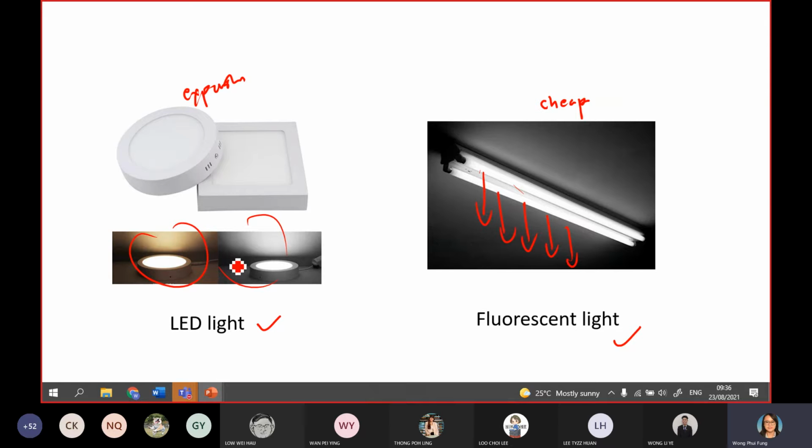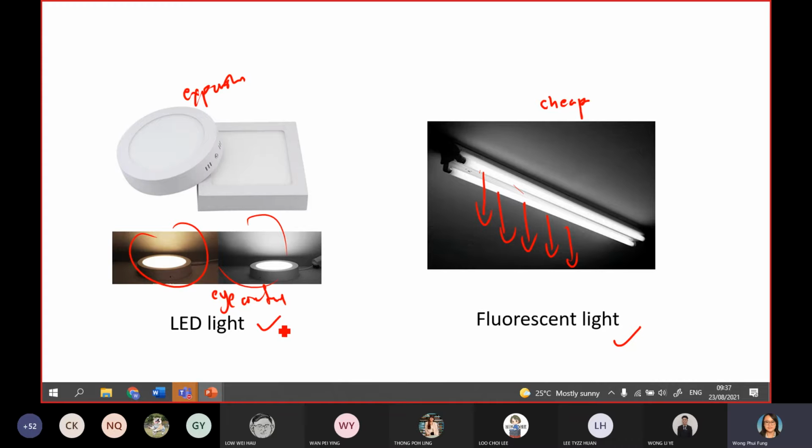You don't need to on fan so big volume. And because the LED light burn cooler, it gives us a better eye comfort. As compared to fluorescent light, you can do an experiment. Under this light and under this light, you read a book, then you will feel the difference. So for LED light, it gives you a better eye comfort. Then that is a health and comfort, the social part.